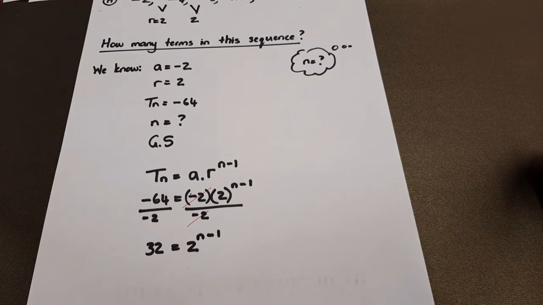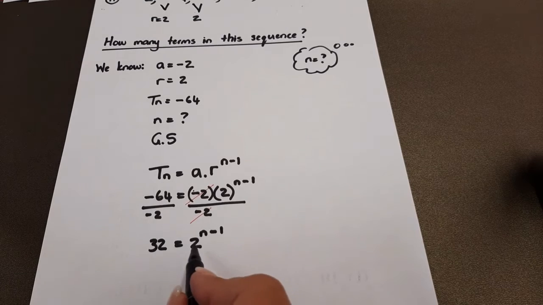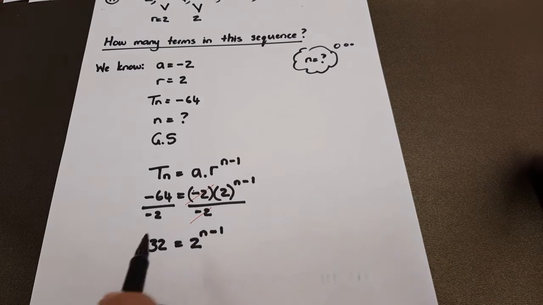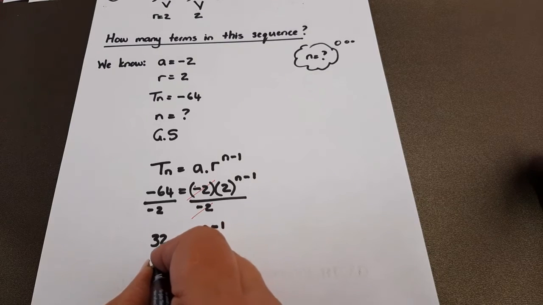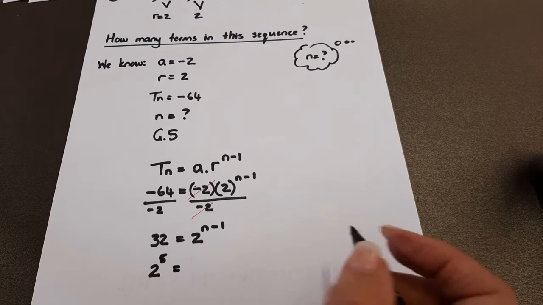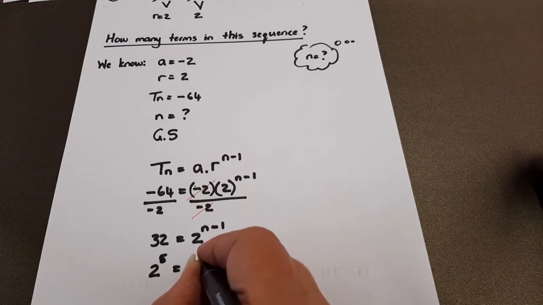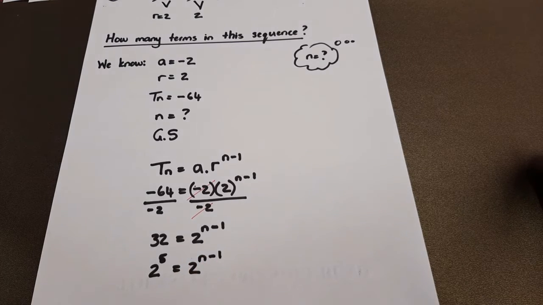Now if you remember the exponential laws, here we have a base of 2, so we need to put 32 also as a number with a base of 2. And 2 to the power of 5 will give you 32. That side stays the same.